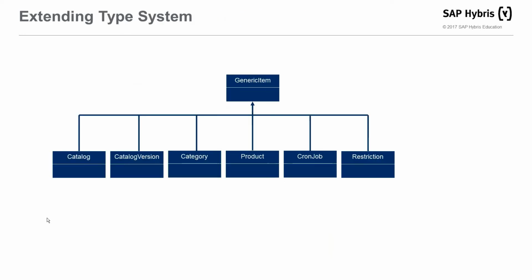Let's look at an example to better understand choices involved in extending the type system. Say you need an object with attributes that are not covered by the out-of-the-box type system. One way to address this is to add a subtype, such as creating the car type as a subtype of product. When it comes to the modeling of products, this is the recommended approach.